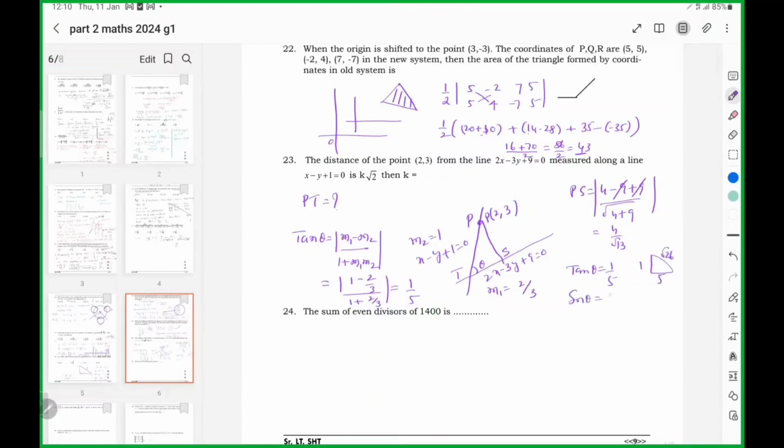Sin theta here is 1 by root 26, which is 4 by root 13 by PT. So PT will be 4 root 2. We are given k root 2, which implies the value of k is 4.